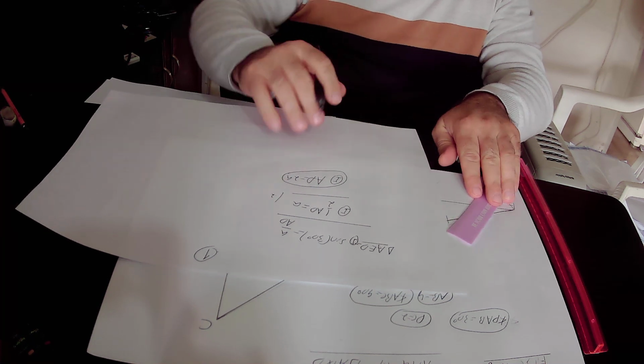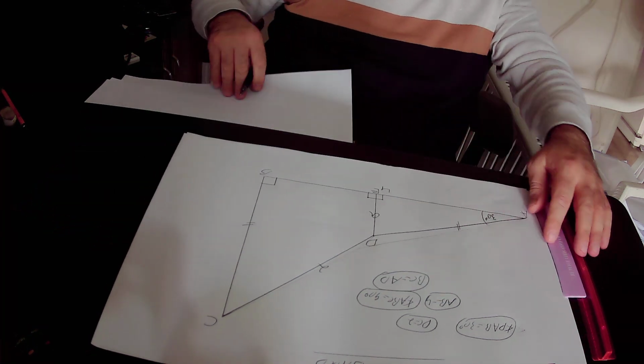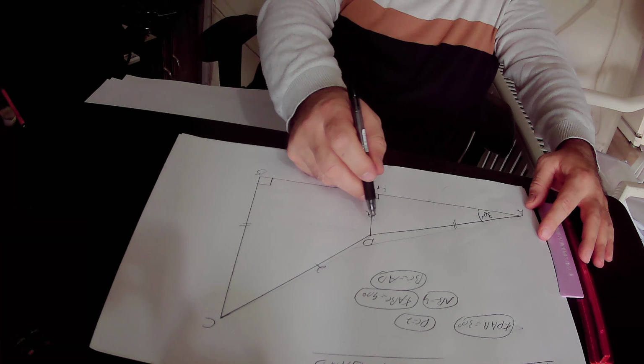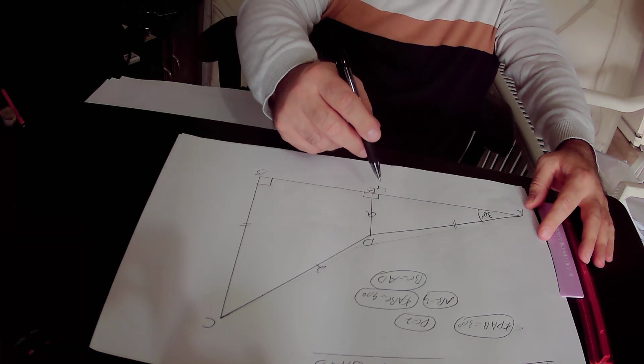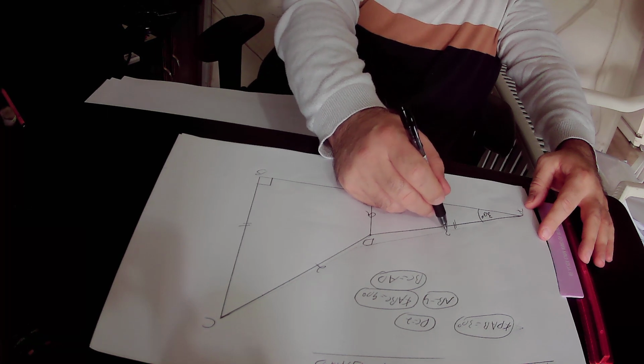We found out that AD equals 2A. So here AD, the hypotenuse of triangle ADE, equals 2A.